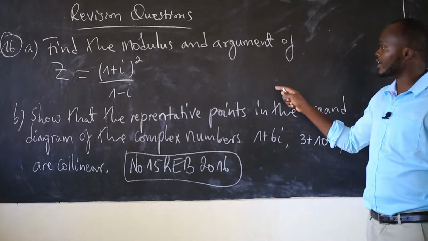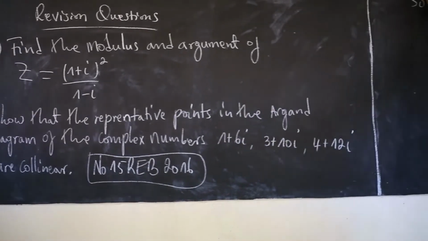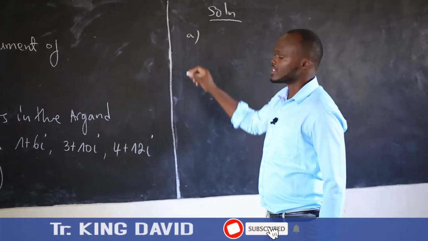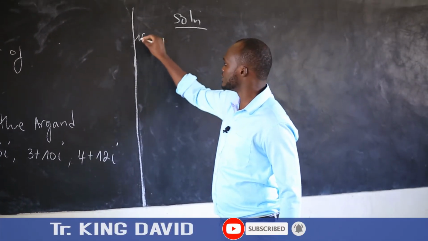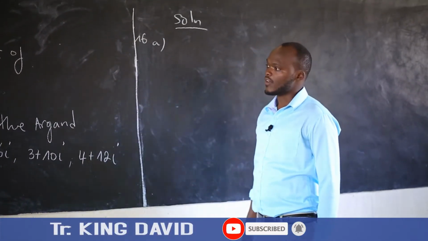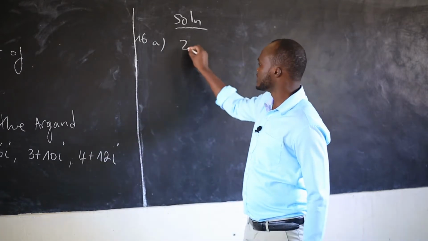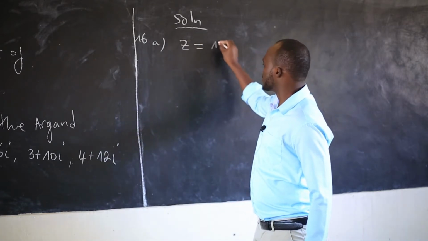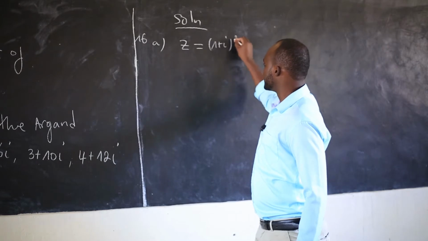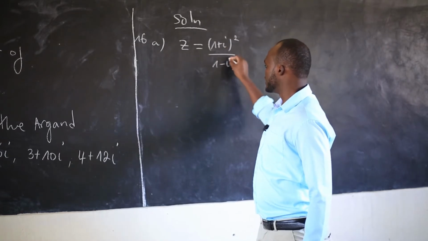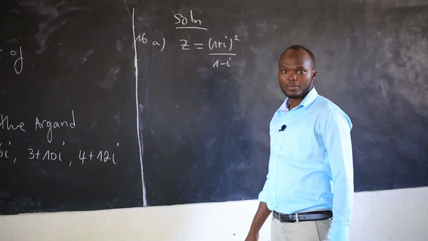So let us start on A. Question 16A is saying to find the modulus of z, where z is (1 plus i) squared divided by (1 minus i). How can you find the modulus of that one?